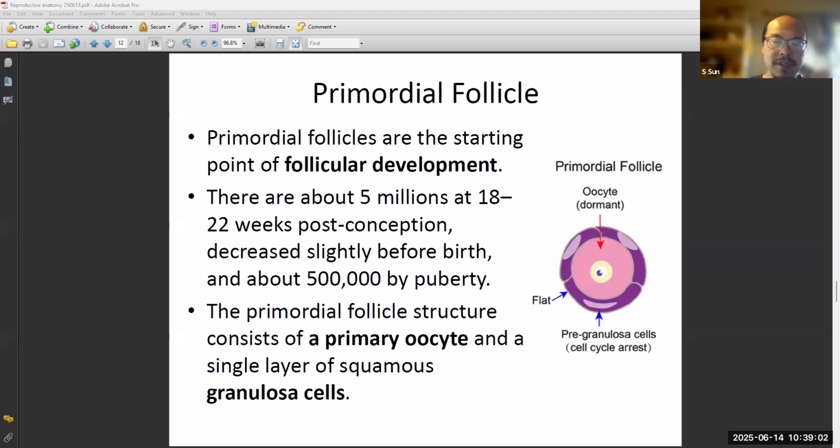So you need to know those cells, just like male, you have the Sertoli and the Leydig. In female, you have granulosa and you have theca cell. Here you only have granulosa because it's just primordial. It's not mature yet. Granulosa cell, pre-granulosa.